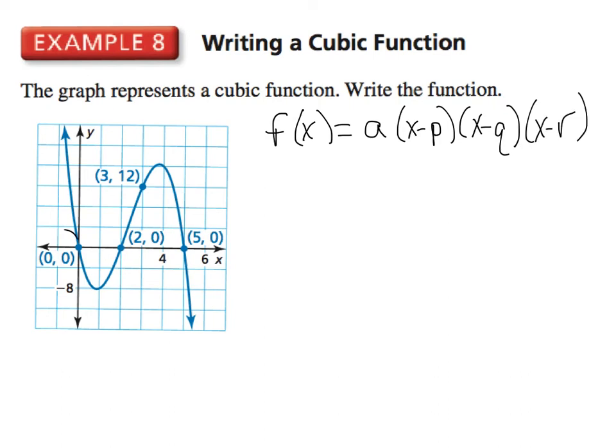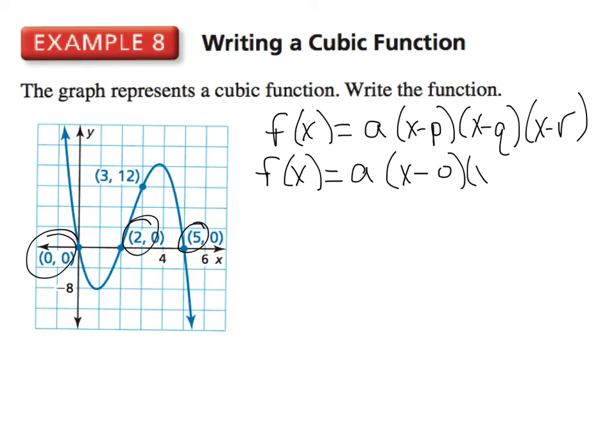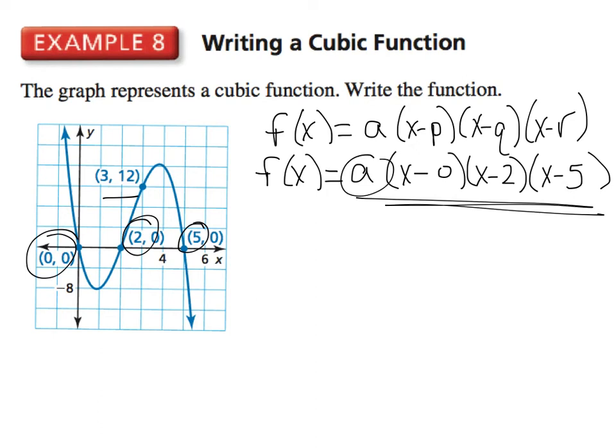Now my intercepts are 0, 2, and 5. So 0, which I can write like that, 2, and 5. But what do I still need? I need to find a. So I'm going to plug the 12 and the 3 in. So this is my equation. I just have to find the a.